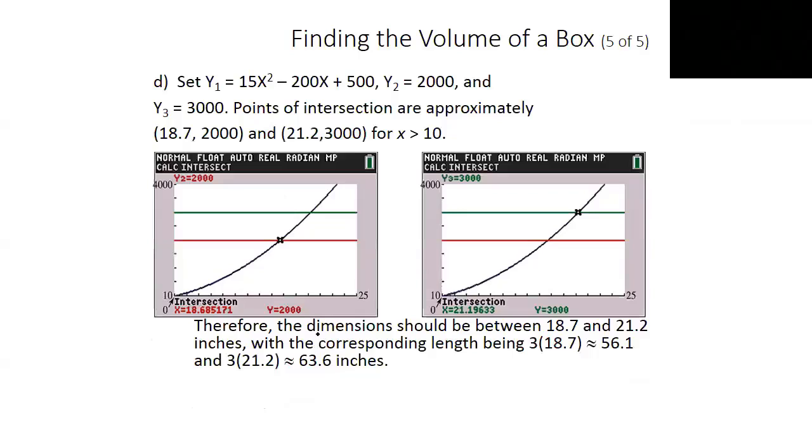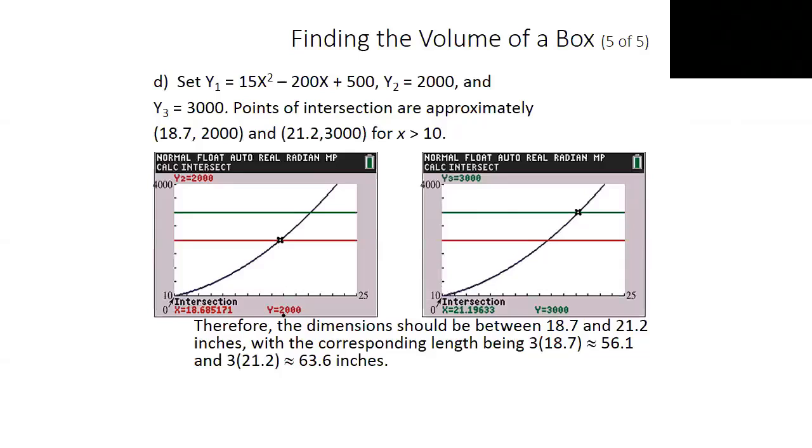So it says to solve this graphically, so this would be a good place to use your calculator. If you look at the graph of the function and the graph of those two lines, 2,000 and 3,000, you can see where they intersect.